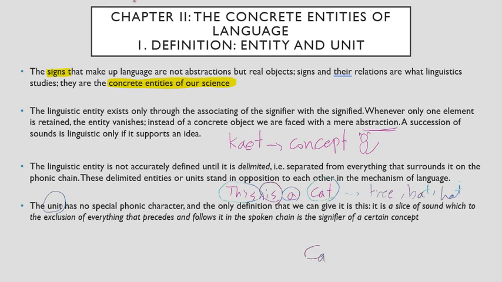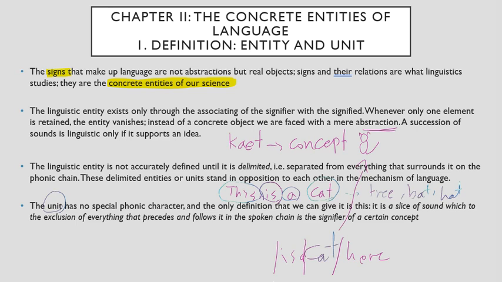It means that when I write the word cat here, and then I have "is a cat" for example, after it and before it I have different things. So I should know that this cat is separate from "a" here and "is", and this is the signifier of a certain concept of the cat, let's say this animal here.